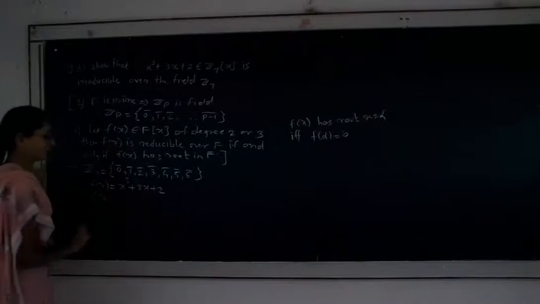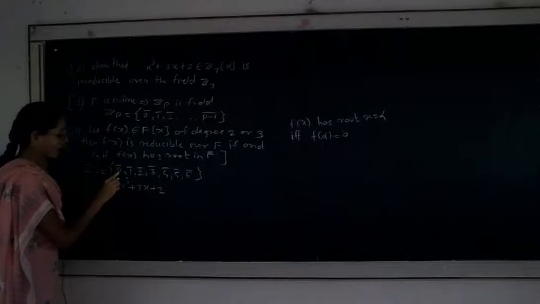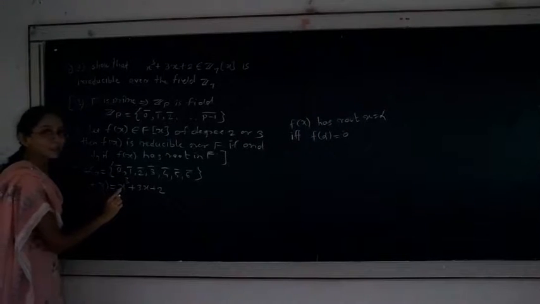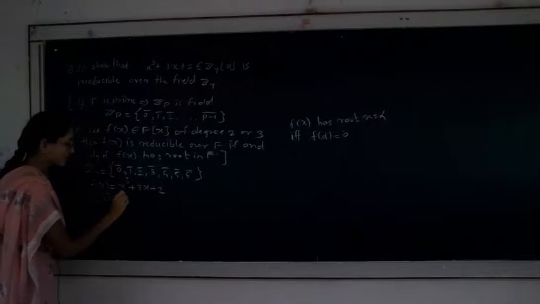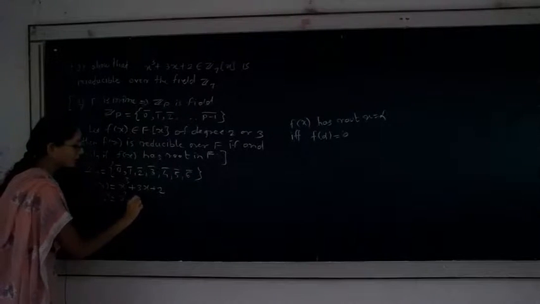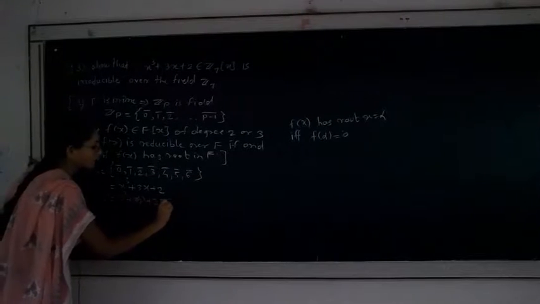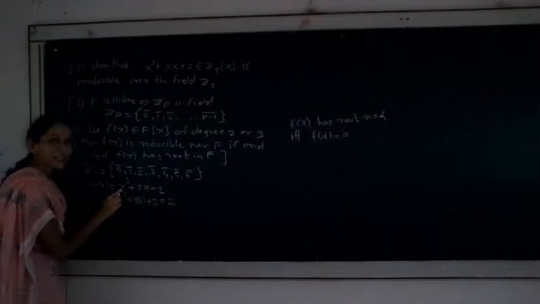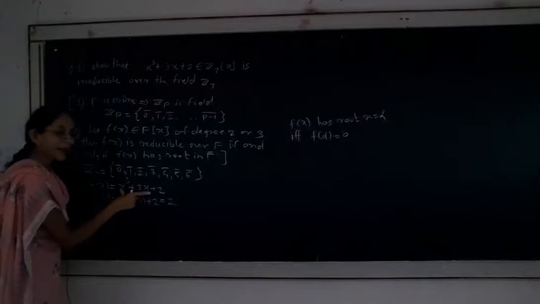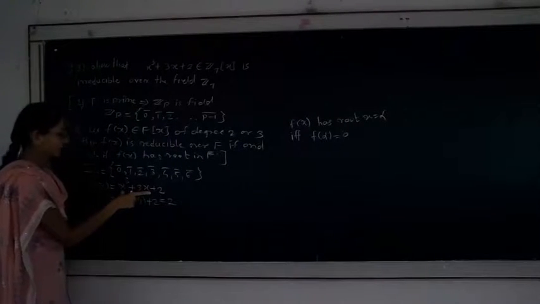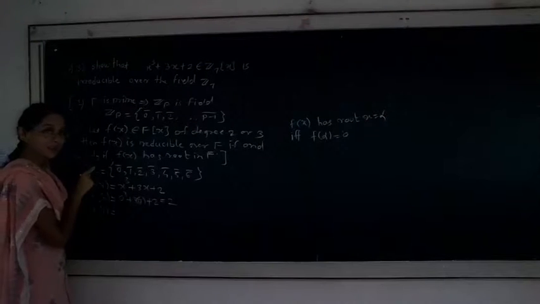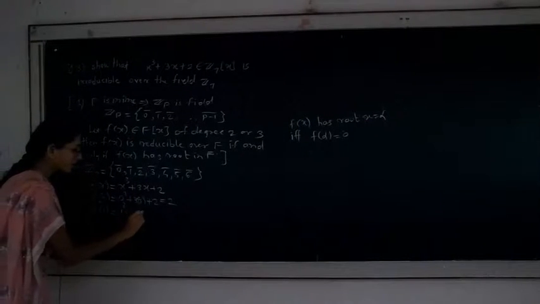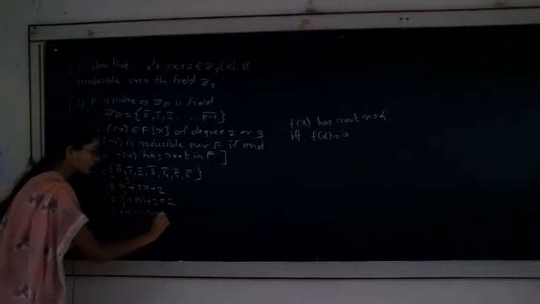f of 0, the first element is 0 bar. Replace x by 0 in the polynomial f(x): 0 cube plus 3 into 0 plus 2, which is equal to 2. Now f of 1 bar: replace x by 1 and solve in Z7 only. f of 1 is 1 cube plus 3 into 1 plus 2, which is equal to 5.